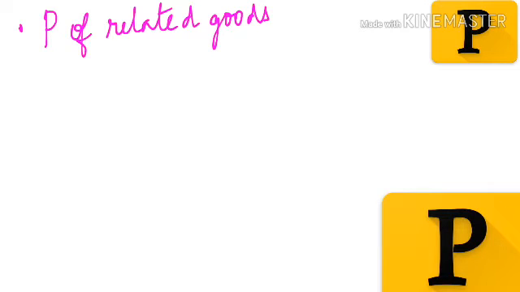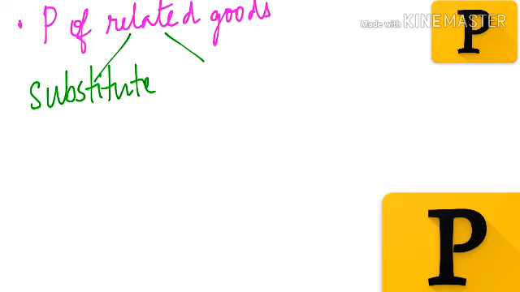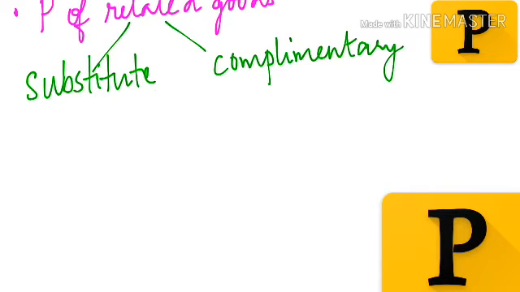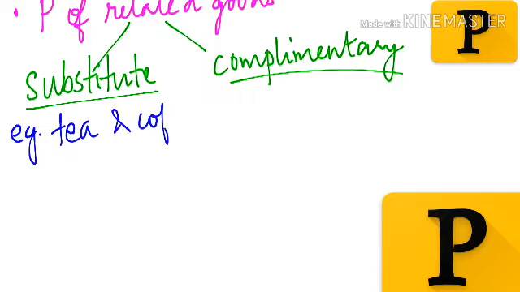Next determinant of demand is price of related goods. Related goods can be divided into two. One is substitutes, second one is complementary goods. Let us see what is a substitute. Substitute means one good can be used instead of another. Example is tea and coffee. Let us see what happens to the demand of coffee when the price changes in case of tea.